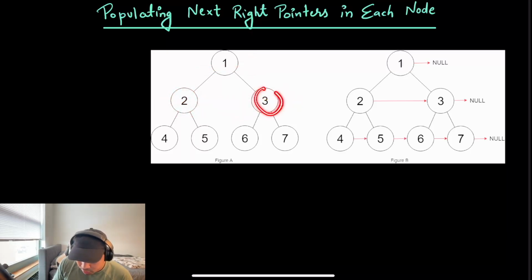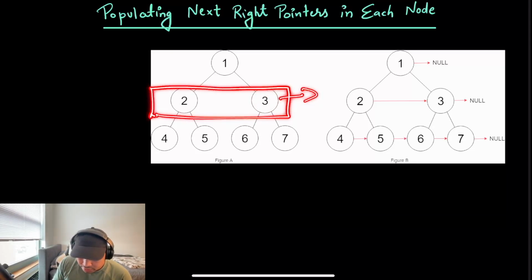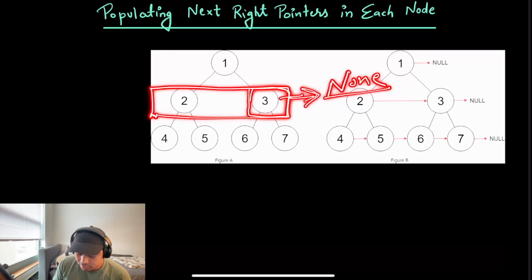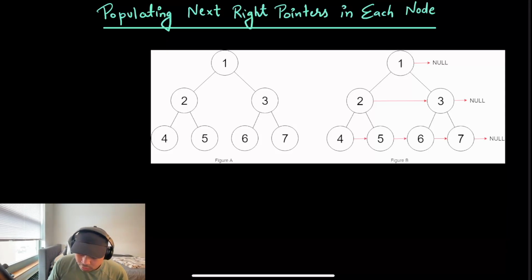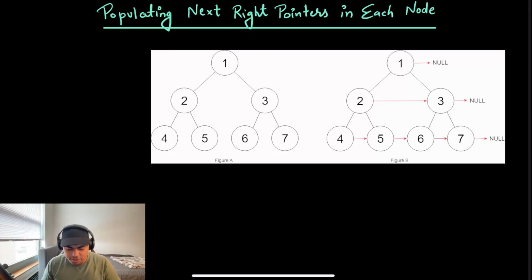And whenever we are on the last node of a level, we would know it is not going to have anything to its right, so that will be none, or null, whatever. In this case they're saying null, but we'll write our code in Python, where we will be placing none over there. So how do we do breadth first search?